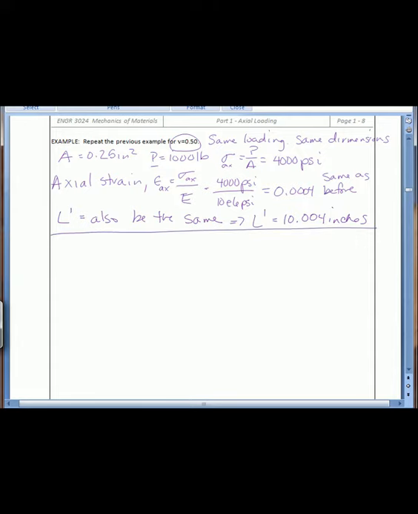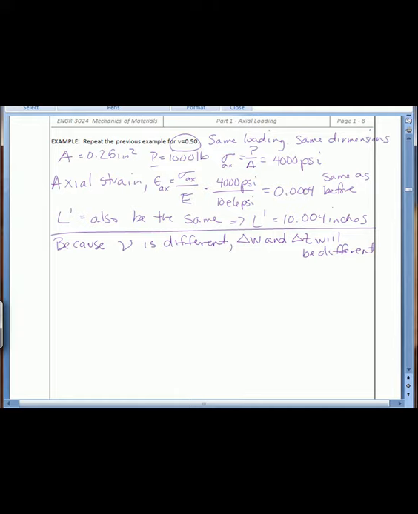Now, that's all in the axial direction. Because our Poisson's ratio, nu, is different, the change in width and change in thickness will be different.